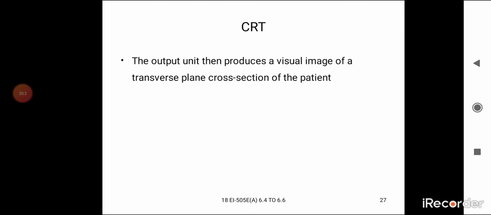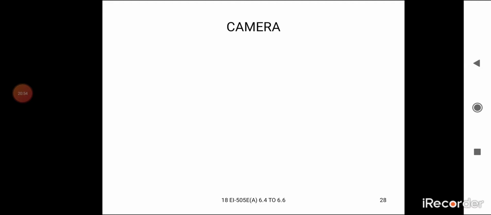CRT, cathode ray tube: the output unit then produces a visual image of a transverse plane cross section of the patient. Camera: it is used to produce a hard copy record.